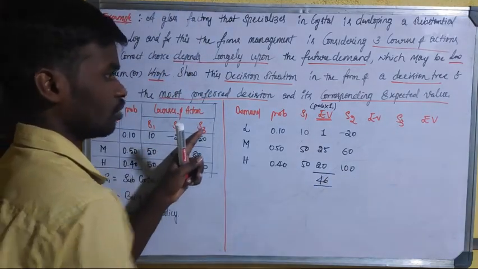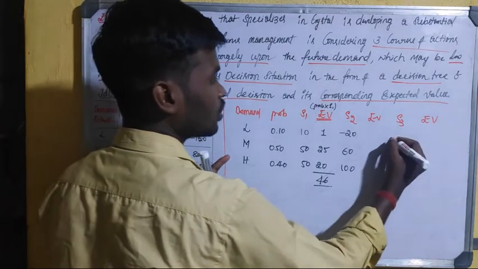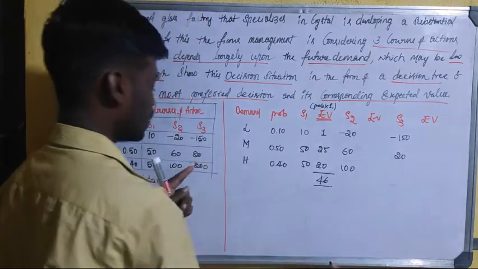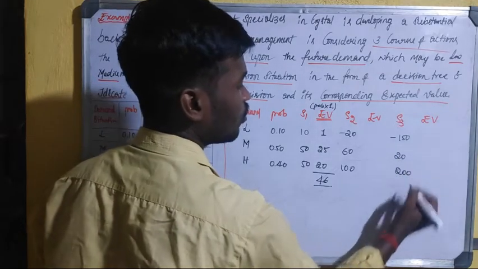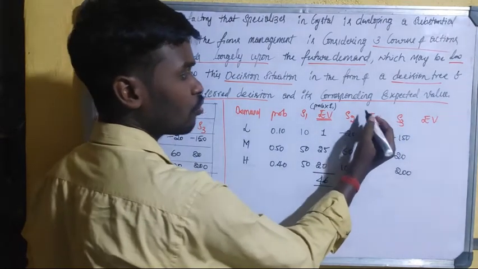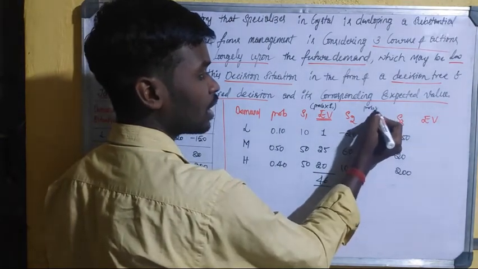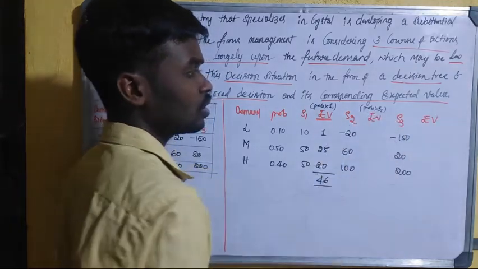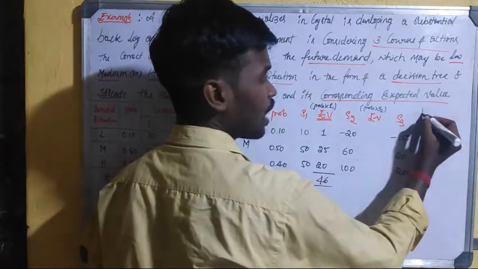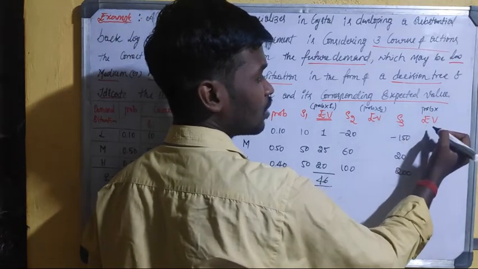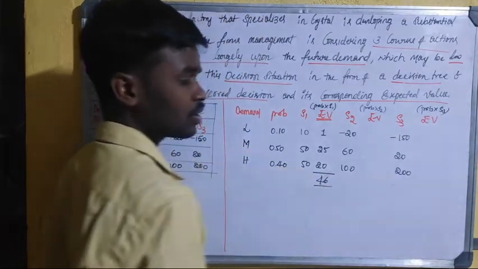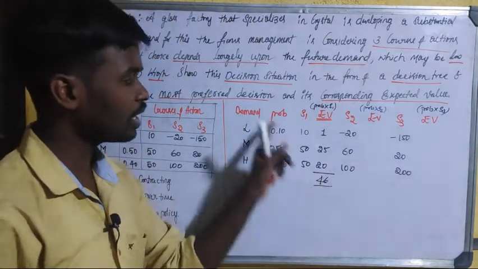For the third alternative, minus 150, next 20, and lastly we have 200. To compute the expected value, we have to multiply the probability with S2 and S3. Don't write the probabilities again and again, write them once.